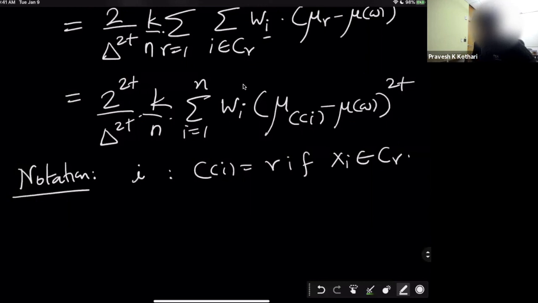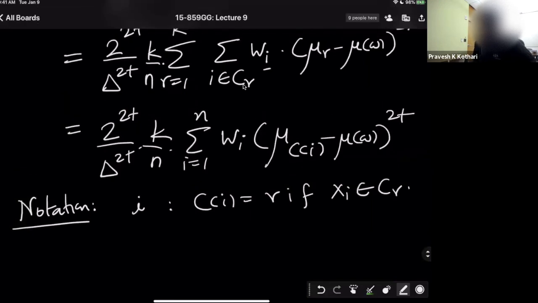So with that notation, each w_i multiplies its cluster mean minus mu(w) to the 2t. That's what I wrote in the bottom line here. I sum i from 1 through n, I multiply w_i by (mu of C(i), the cluster that contains the ith point, minus mu(w)) to the 2t. So still agree? Everything's good?